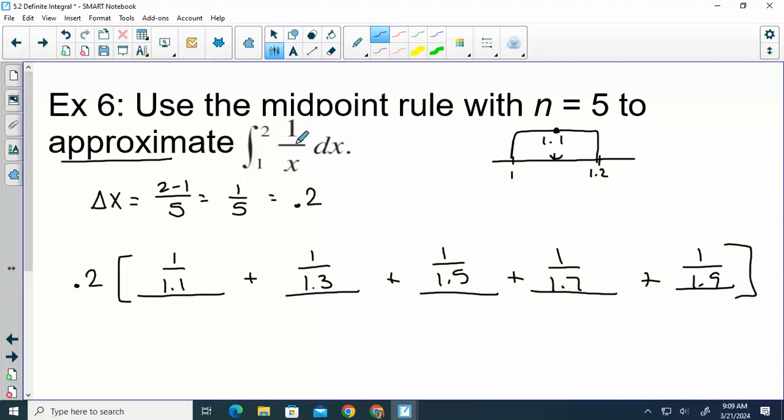And notice my interval ended at 2 and we stopped right before that. We get 0.6919.